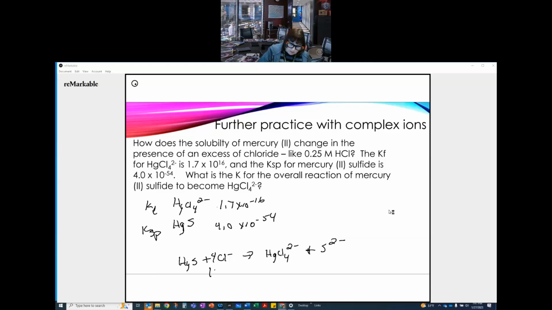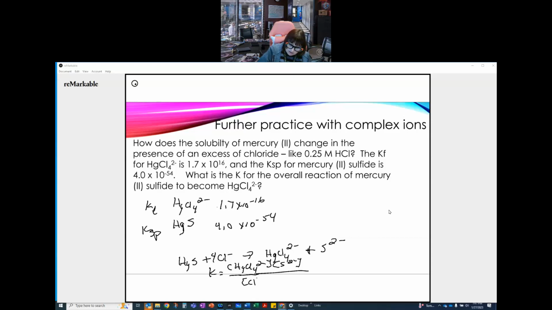That K is equal to the HgCl4 2 minus times the S2 minus over the HgS, which is a solid, so that doesn't appear. Sorry. Trying to erase the mess that I made, and I shouldn't have put it there in the first place.